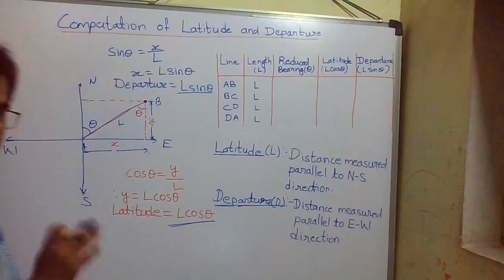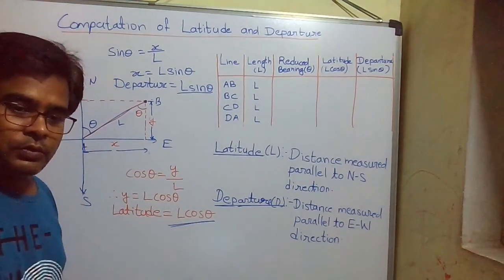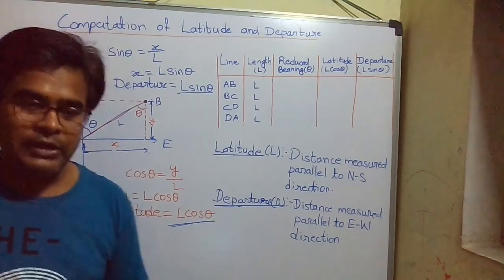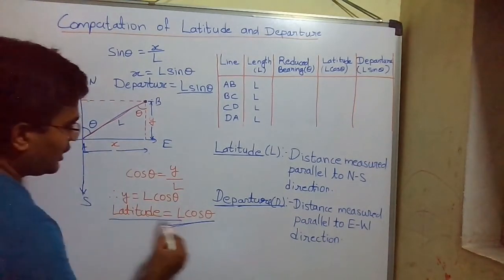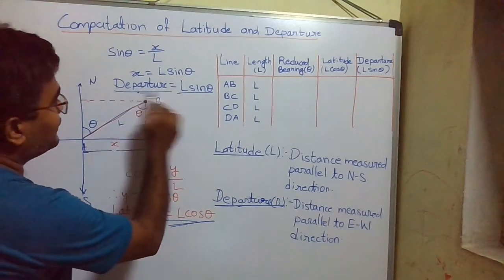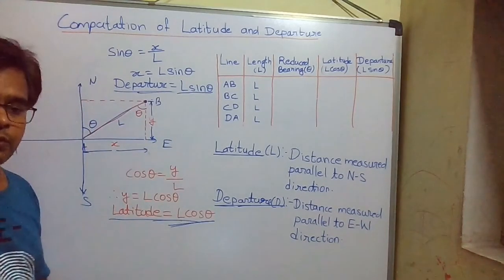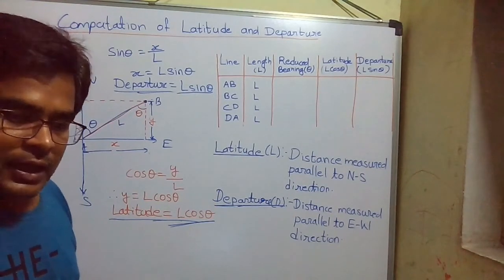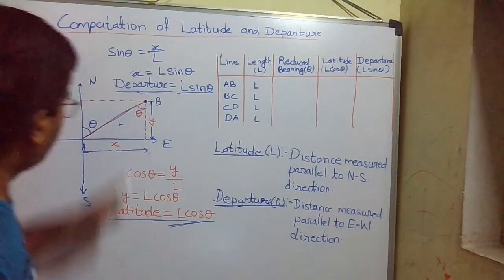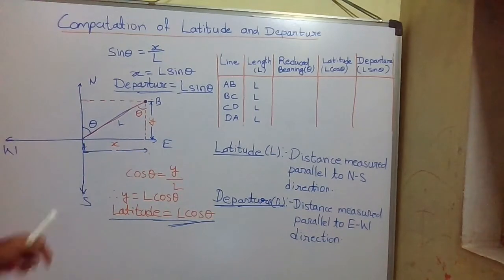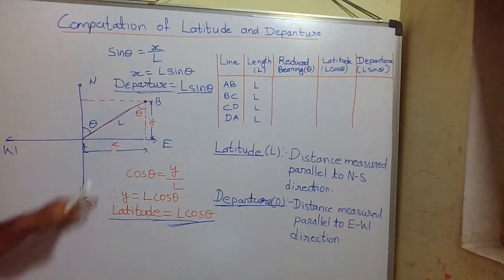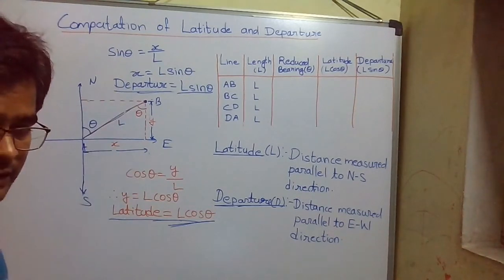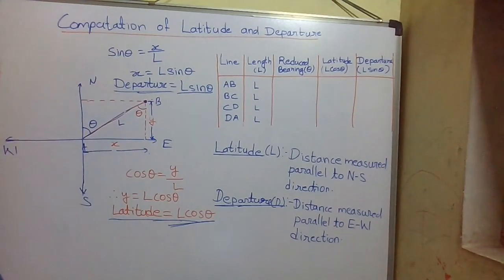Keep in mind: latitude is L cos theta and departure is L sin theta for this line AB. Now, if in this quadrant latitude is L cos theta and departure is L sin theta, is it true for other quadrants?